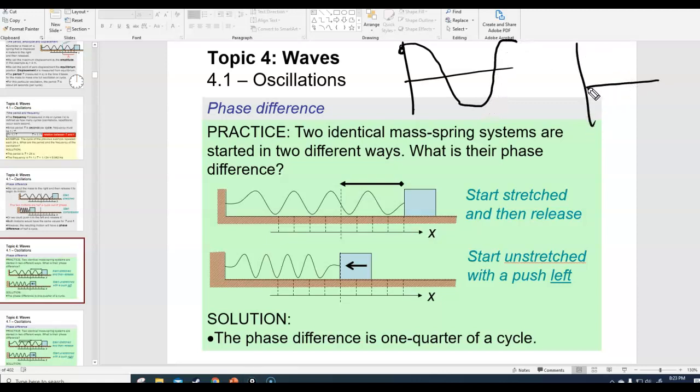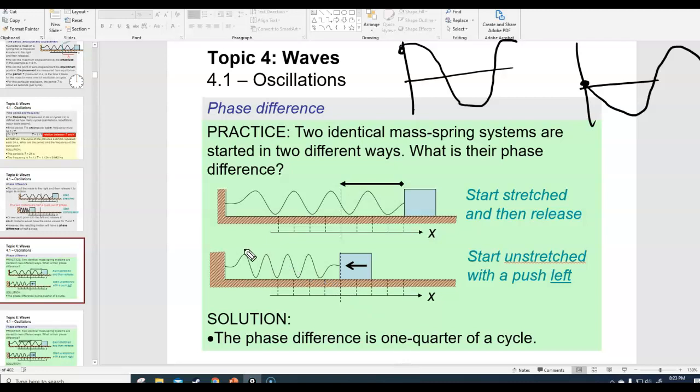Whereas the box on the right starts at equilibrium, so it would start here, and then it's traveling to the left, so it would start off with a negative displacement, and then it would go back up, like so. The shapes of these two graphs are very similar. They're just kind of offset from each other.